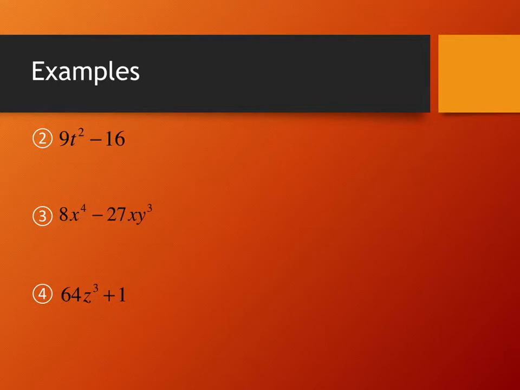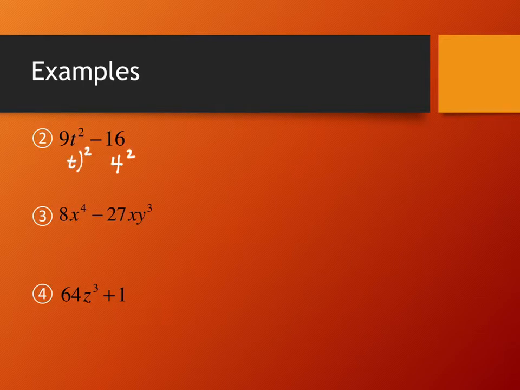The thing that you need to be careful of is recognizing what is being squared. For example, let me do the 16 first. The 16 is 4 squared. That's what's being squared. Make sense? So on the first one, it's not the 9t that's being squared. T is being squared.